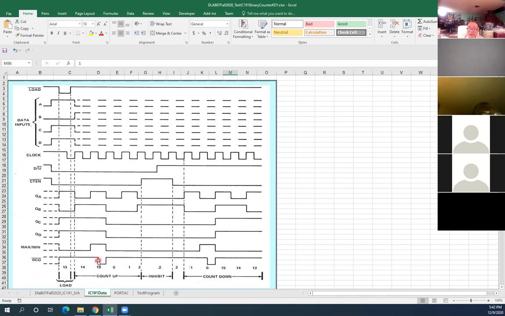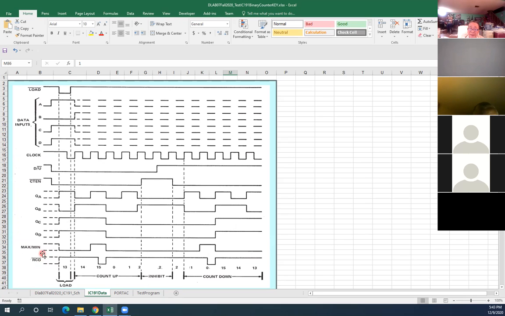They are just telling you the outputs now: RCO, and also max and minimum. So see what happens on that output.